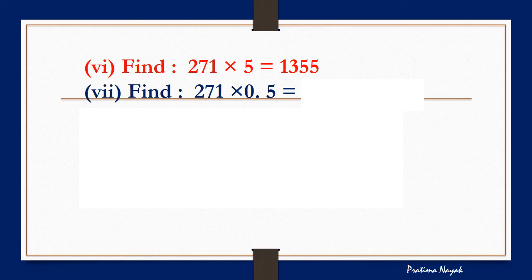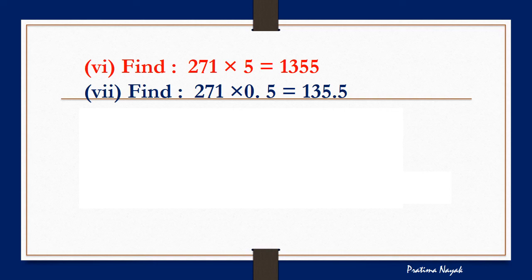Now, 271 multiplied by 0.5. Can you guess where the decimal will be? It will be 135.5. Why? After the decimal, there is only one digit in 0.5. So in the result 1355, you leave one place from the right side.